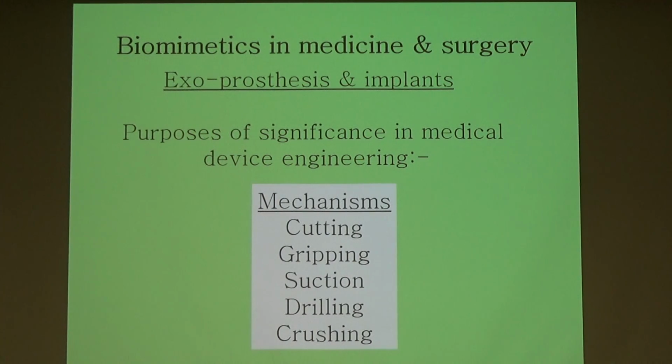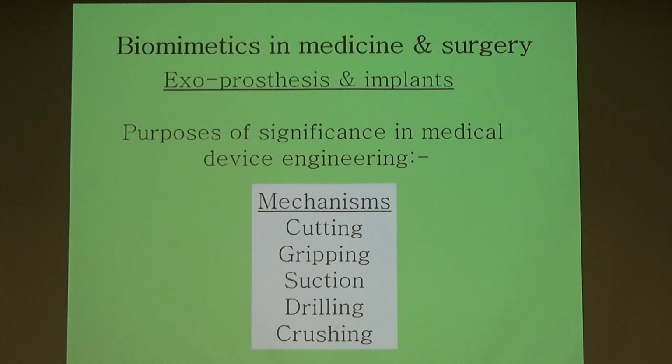And I pick on these just as an example, we can learn a lot from nature, from other organisms, how to design cutting devices that minimize, say, tissue damage in surgery, or gripping devices, drilling devices that get a clean section through, say bone or some kind of tissue. So there's lots of lessons that can be learned from nature to develop new technologies that can improve surgery.